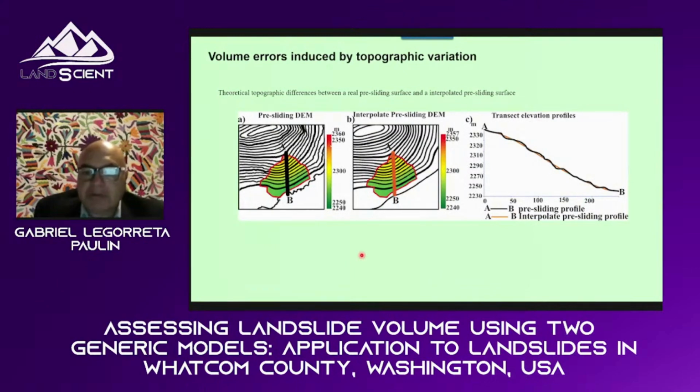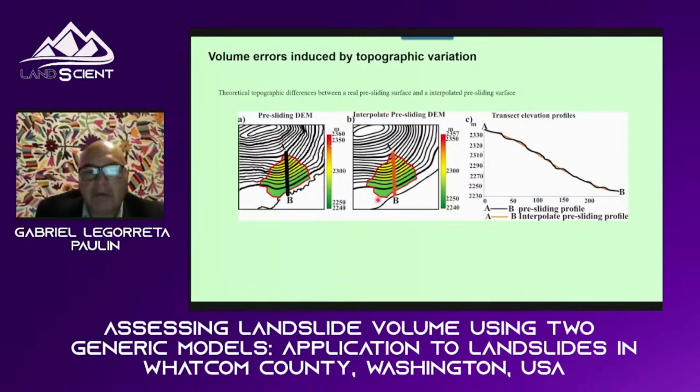Also, the potential error on calculating the volume introduced by the difference between a real pre-sliding surface and an interpolated pre-sliding surface has been poorly studied. On the left side, we have the representation of a real topography. In black line is a cross-section.